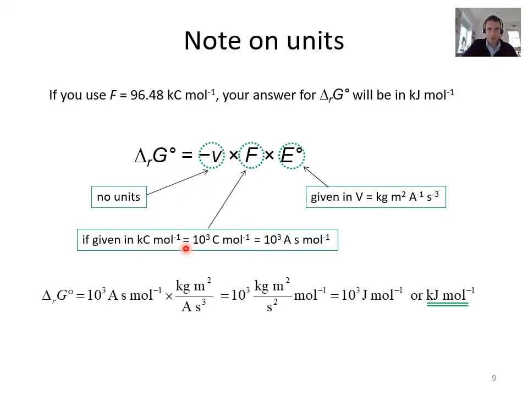This is given in coulombs per mole, which is ampere seconds per mole, and volts is equal to kilogram meter squared per ampere per second cubed, and then you can follow this bit down here to show that this goes all the way through to joules. The key point is that kilogram meter squared per second squared is equal to joules, and you can get that by saying that F is equal to MA.